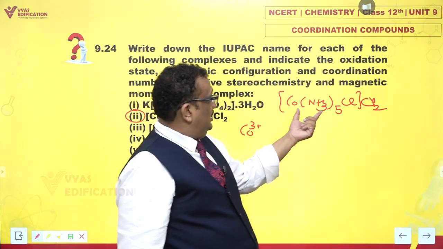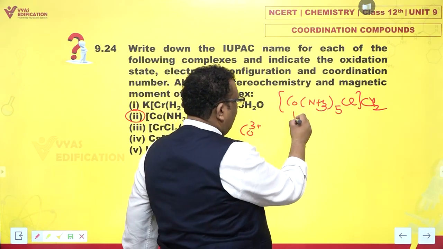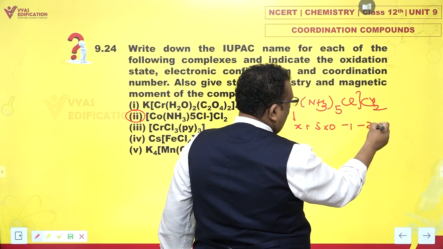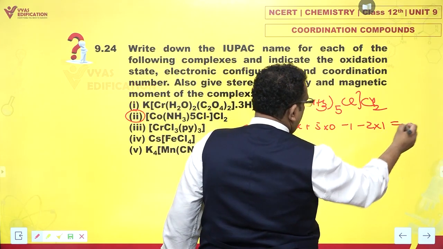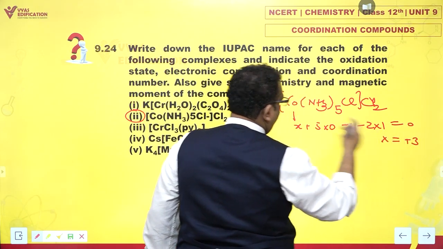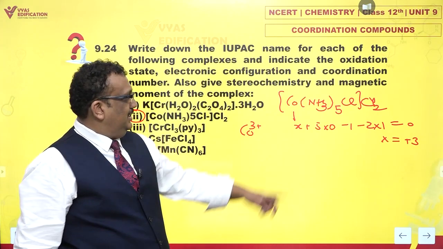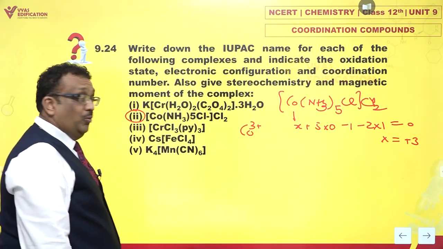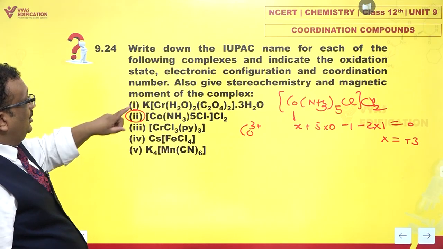How plus 3? If this cobalt is X, plus 5 into 0 minus 1 minus 2 into 1, which is 0. So X comes out to be plus 3. Just add up all the charges. Ammine has 0 charge, each Cl has minus 1 charge, so cobalt adds up to plus 3.